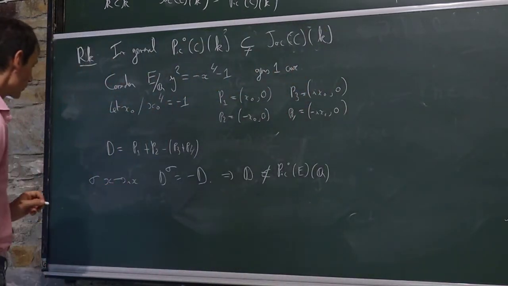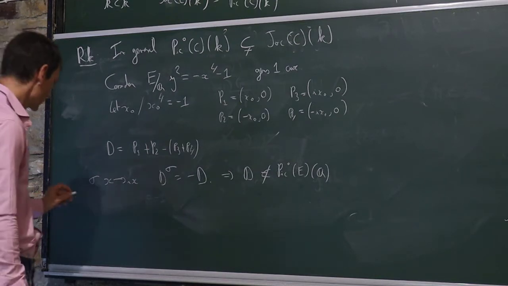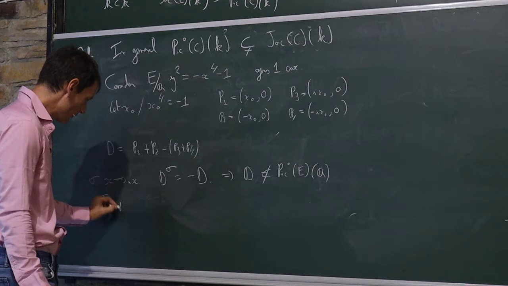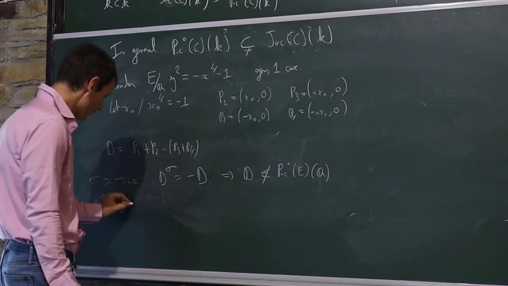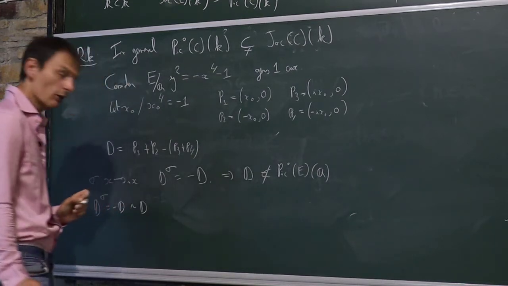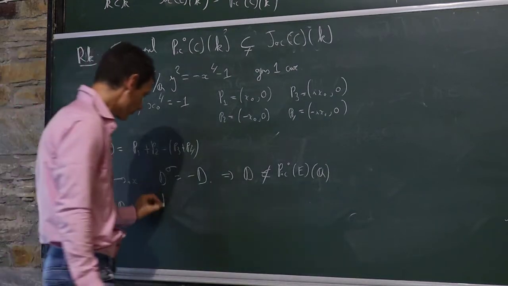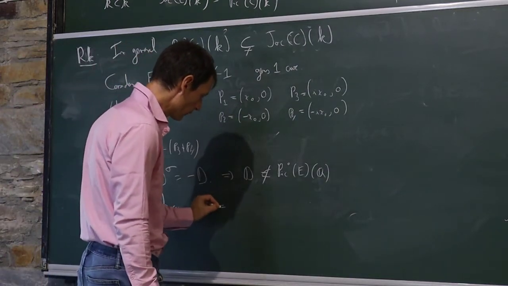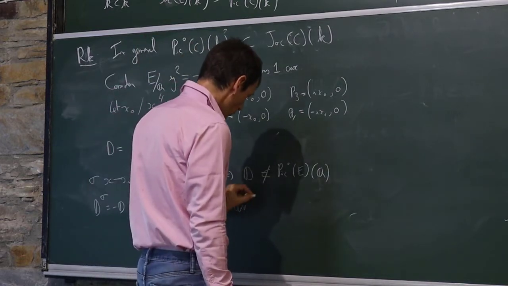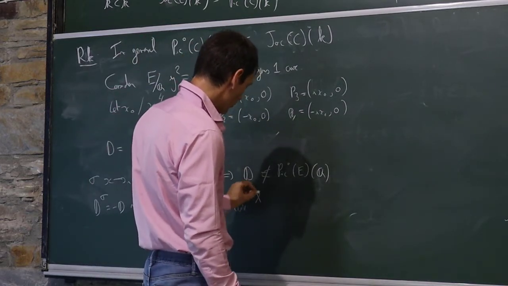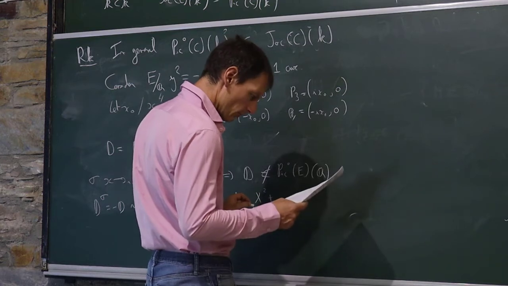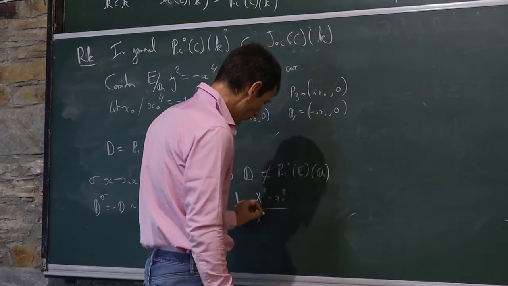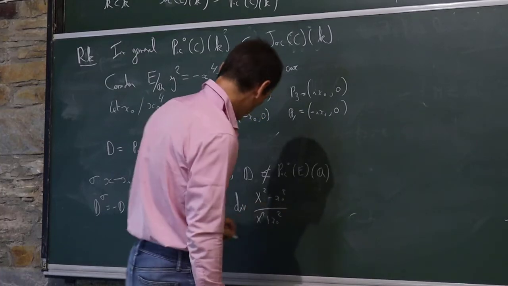However, what I can see also is that D sigma, which is minus D, is linearly equivalent to D, because if I take 2D, 2D is going to be the divisor of the function x squared minus x0 squared, x squared plus x0 squared.